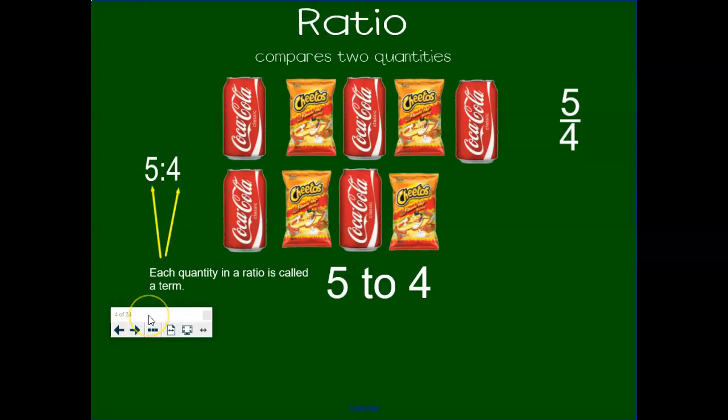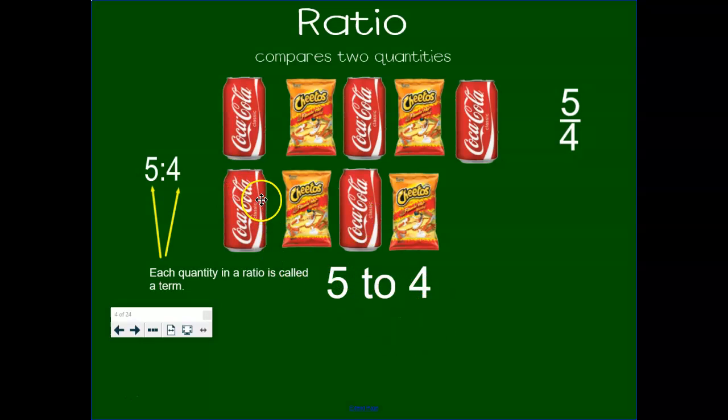Okay, so let's go over some vocabulary words. First, we're going to review ratio. Now, a ratio compares two quantities. So in the ratio pictured on the screen, you have Cheetos and Coke, and you're comparing cans of Coke to Cheetos. And the reason I know that cans of Coke is first is because there's 5 cans of Coke and 4 bags of Cheetos.